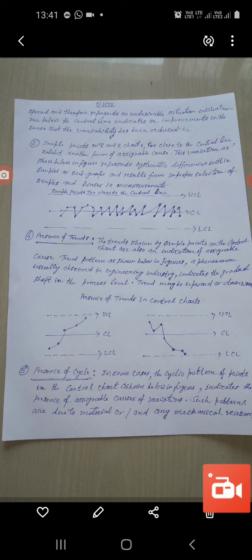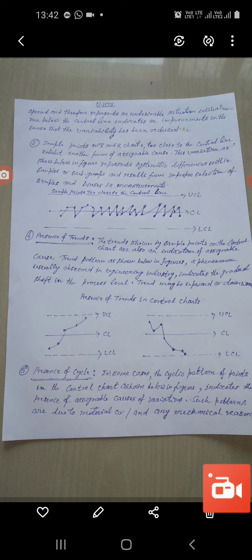Means if there is a run of 7 below the central line, then it indicates an improvement in the sense that variability, meaning variation, has been reduced.